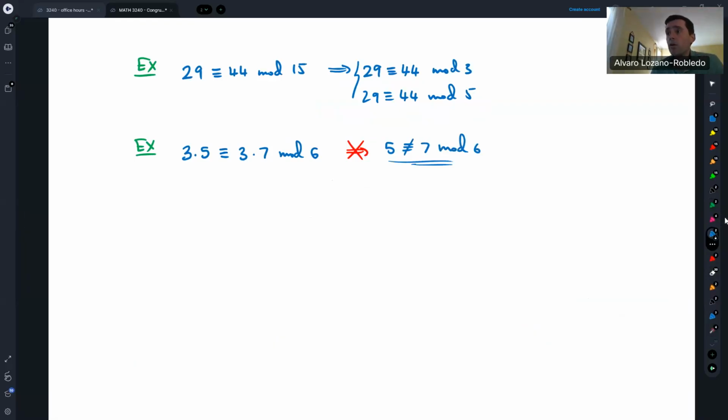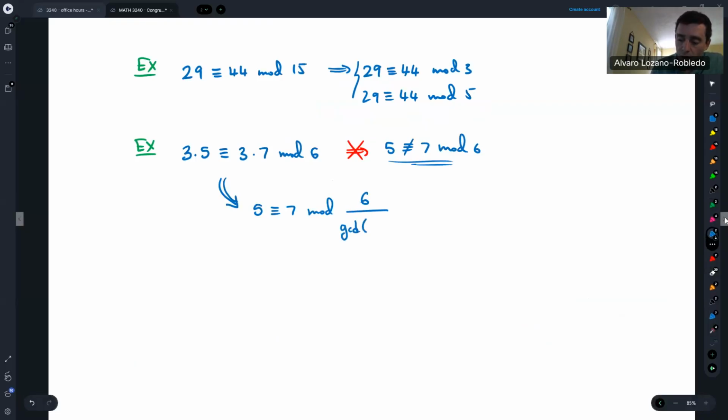Okay, but what can I conclude? What is true is that 5 will be congruent to 7 modulo 6 divided by what I'm canceling by, the GCD of 3 and the modulus. So the best I can say is that 5 is congruent to 7 modulo the GCD of 3 and 6, which is 3, so this is 2.